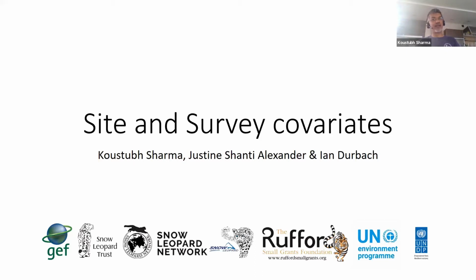Out here, we were thinking about what's happening psychologically, whether it's psychological damage or anything else. There was something happening, and those observations that you gave are incredibly valuable. This is exactly how a biologist thinks when she or he is out in the field, and that's very, very valuable and very useful for us to go into the next session, where we will try to talk about site and survey covariates.